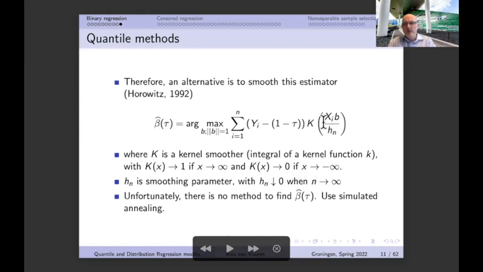Well, that means that, for example, when xib is positive, then if h_n goes down to 0 as n goes to infinity, for any positive value of xib this thing is going to converge to infinity, and that means that this kx, given this assumption over here, is going to converge to 1.